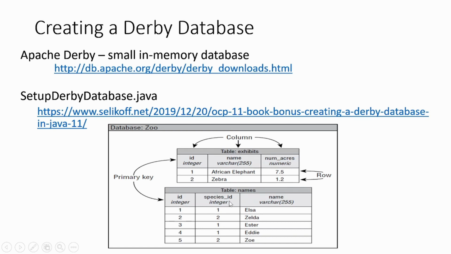It also has three columns, and the first column is a primary key. So table 1 and table 2 are related to each other. It is a one-to-many relationship because ID 1 has 1, 2, 3 entries in table names, and ID 2 has 2 entries, so it's a one-to-many relationship.